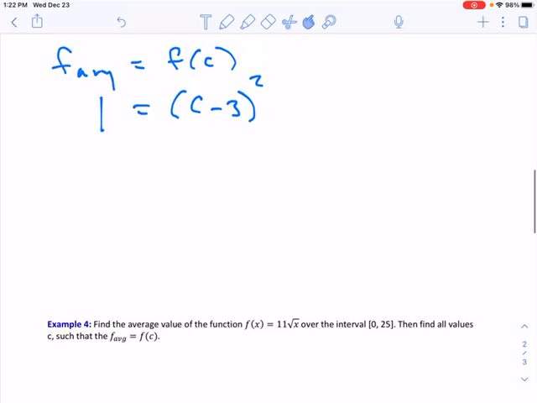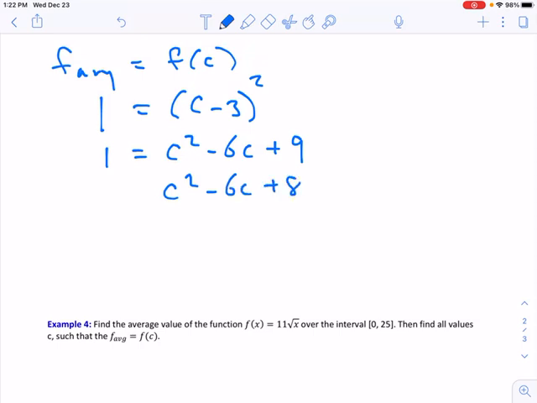And now what we need to do is simply solve this for c. So 1 is equal to c squared minus 6c plus 9, so c squared minus 6c plus 8 equals 0. And let's see, does this factor? We have factors of 8, 2 and 4.